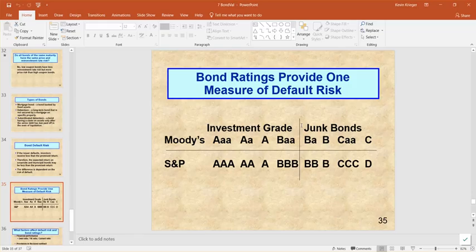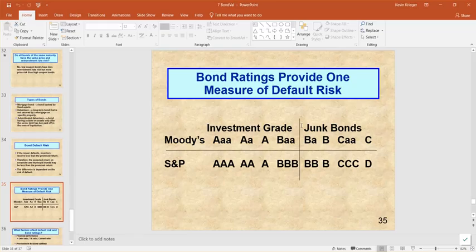Triple B versus double B for S&P is the easier one. Moody's has this weird little A structure they always have. I think there's a lot of funds like charities and pension funds and endowments that are not allowed to invest in junk bonds. So there's actually a really big nexus here at this piece of the continuum, if you will.